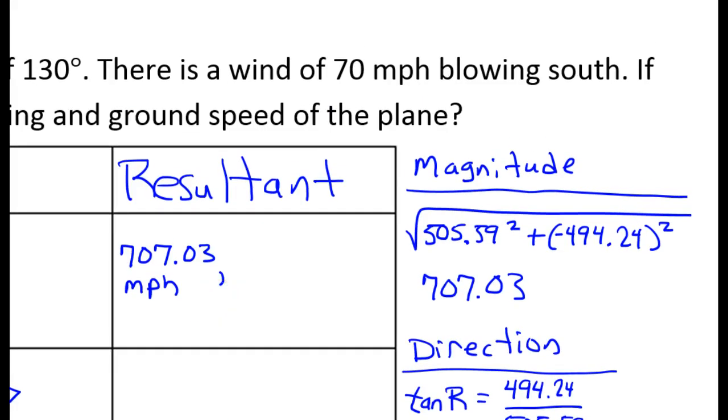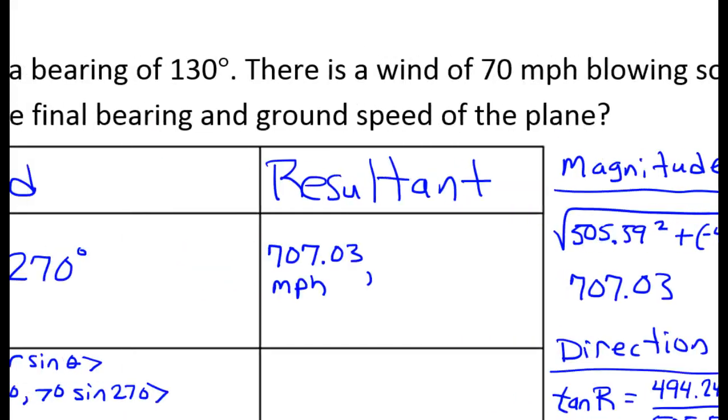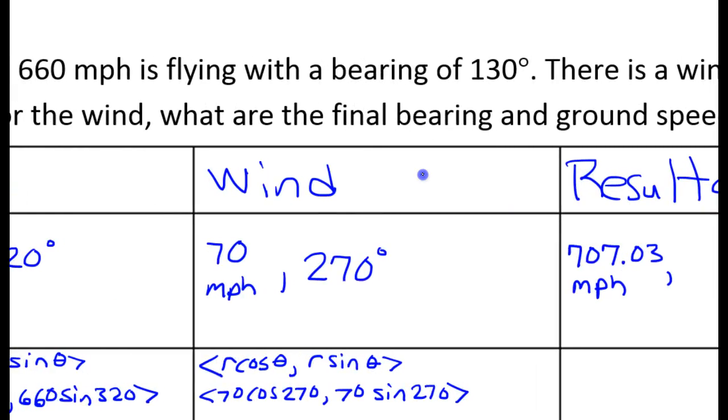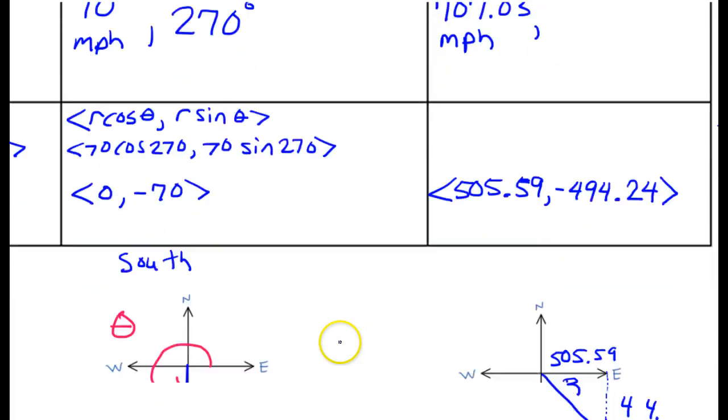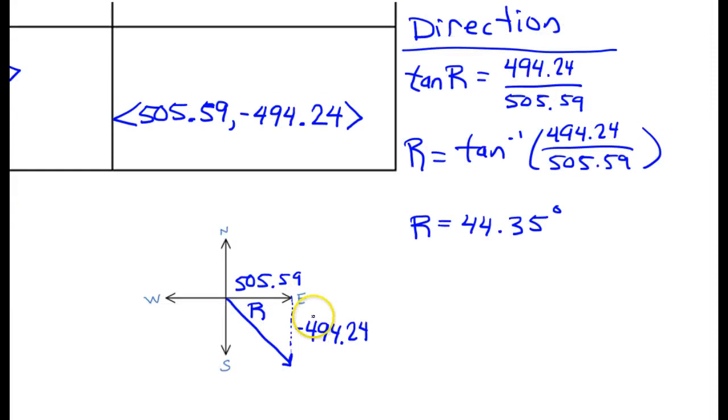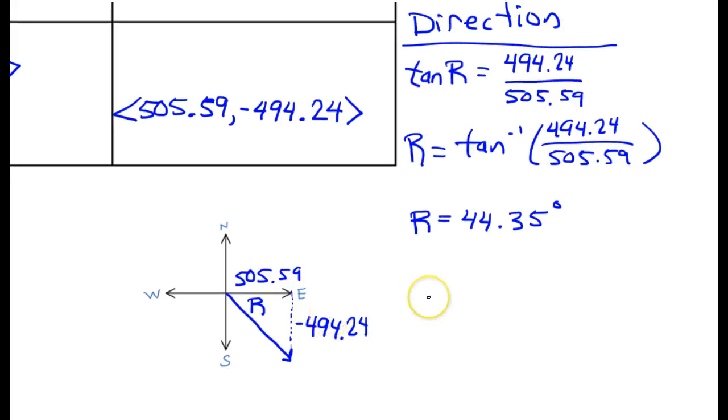Okay, now remember that when they gave us the direction in the problem, they gave us the direction as a bearing. That's important because bearing is one of three ways that we use to describe direction. But for your final answer, you need to describe the direction using the method that they used in the problem.